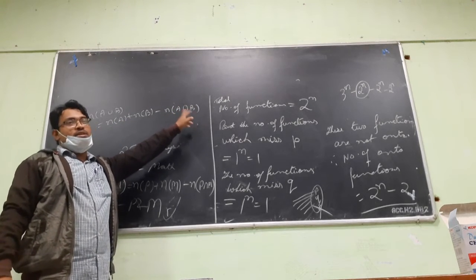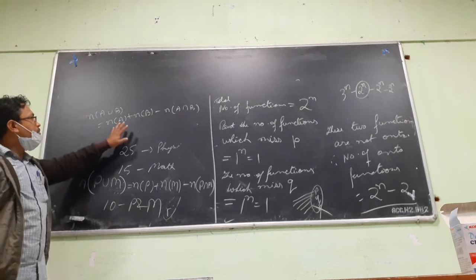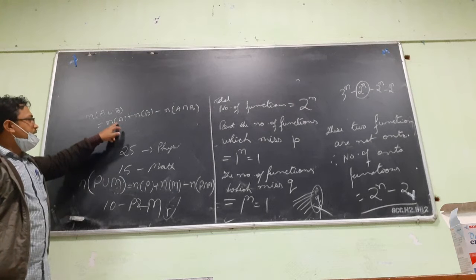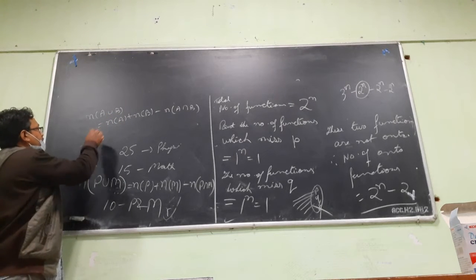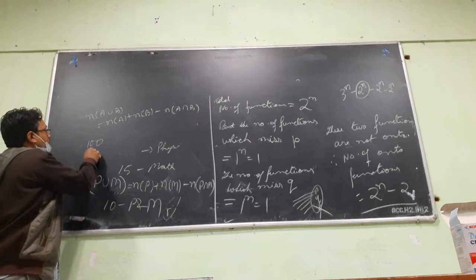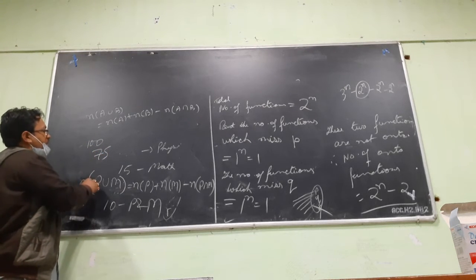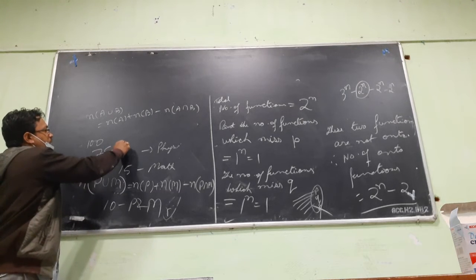How many people are there in this class who have taken either physics or maths? Sometimes you will see the total number is say 100, but out of them say 75 have taken maths and say 65 have taken physics.